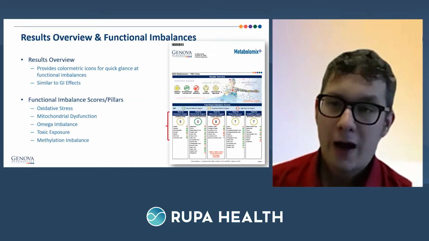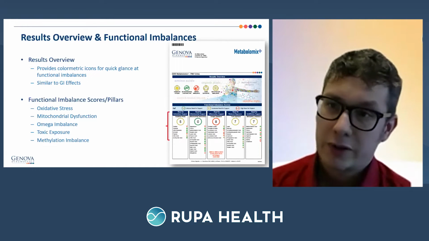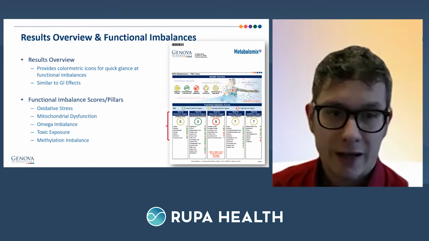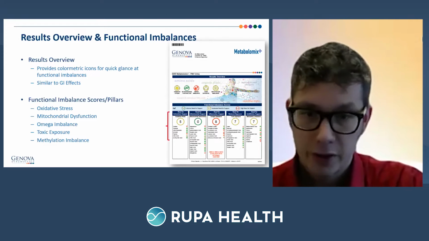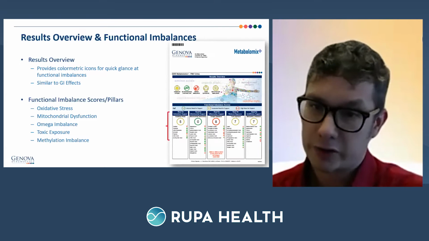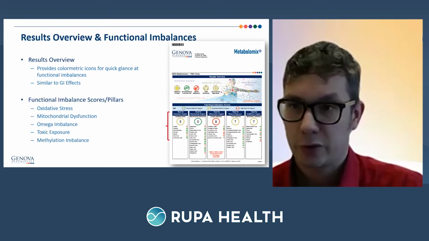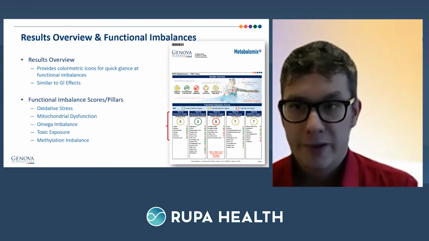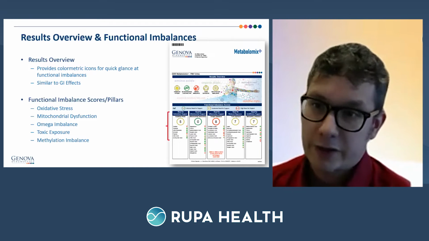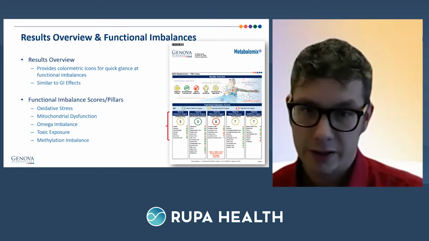And the 5 key categories here, with respect to what you can glean from a metabolomics test, I think are broken down into oxidative stress, mitochondrial dysfunction, omega imbalance, which relates to inflammatory tendencies, toxic exposure, and then methylation imbalance, which tells us how well detoxification is somewhat working, and of course, all the other things that methylation does in the body.